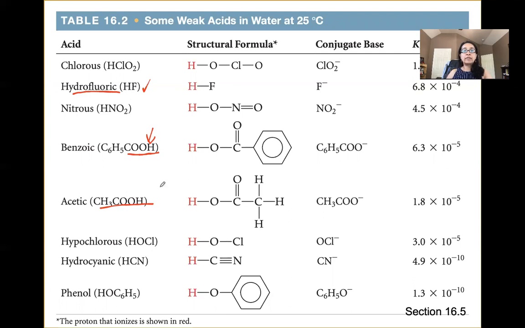And then the other thing that I wanted to mention is that the Ka value is basically talking about the equilibrium constant for the acid dissociation. That equilibrium constant is just like the other cases that we had discussed before, the Kcs or the Kps or the Kws. It is basically the ratio of the products to the reactants, each of them raised to their own coefficients. And we'll get back to Kas in just a little bit.